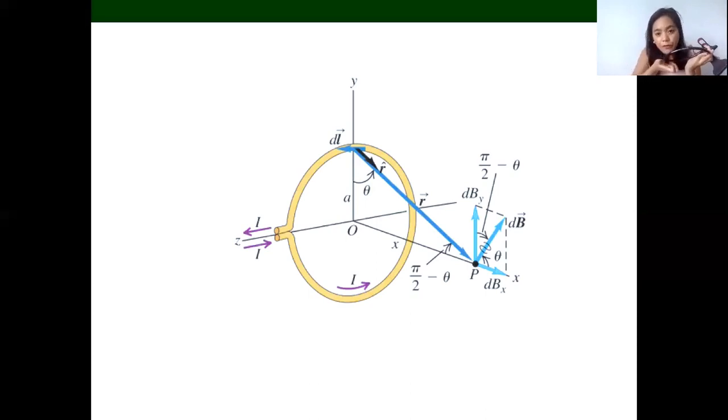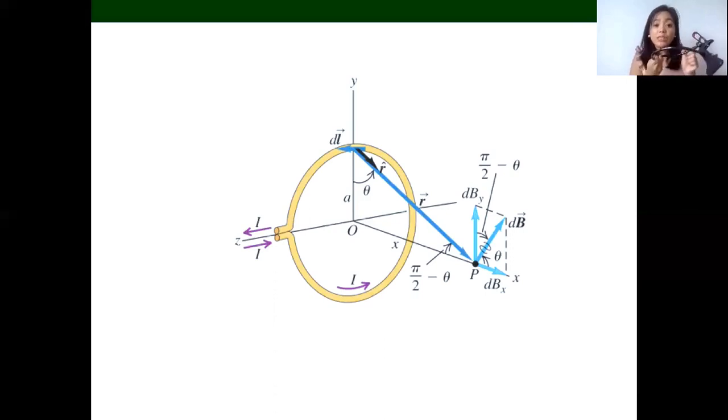If your current is going in this direction, the direction of the magnetic field will be curling around, circling the wire. That will be the magnetic field.